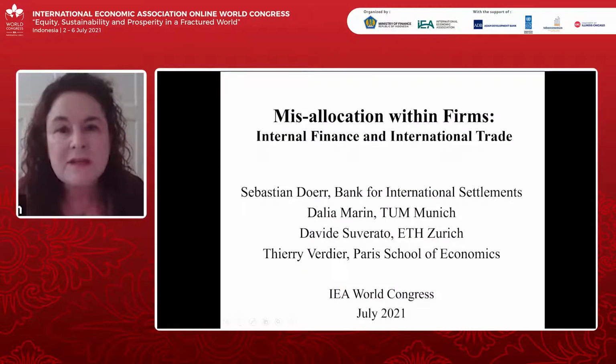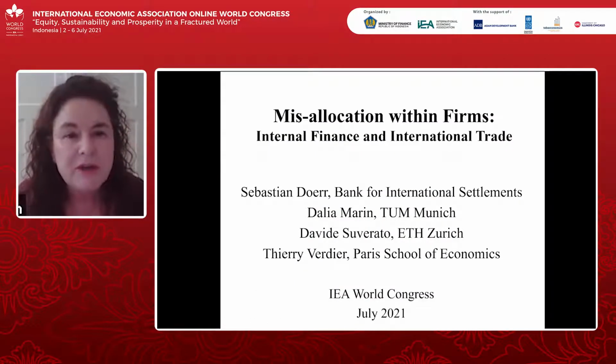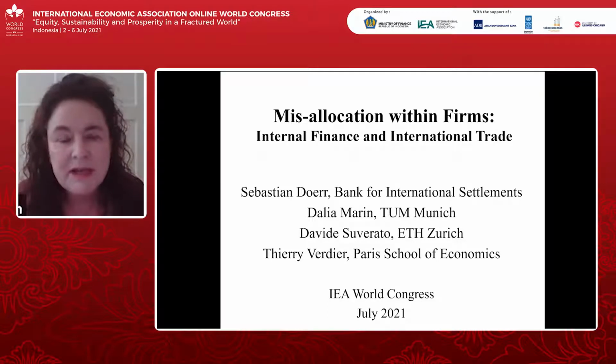So this is joint work with Sebastian Dörr from the Bank for International Settlements, Davide Suverato from the Technical University in Zurich, and Thierry Verdier from the Paris School of Economics.